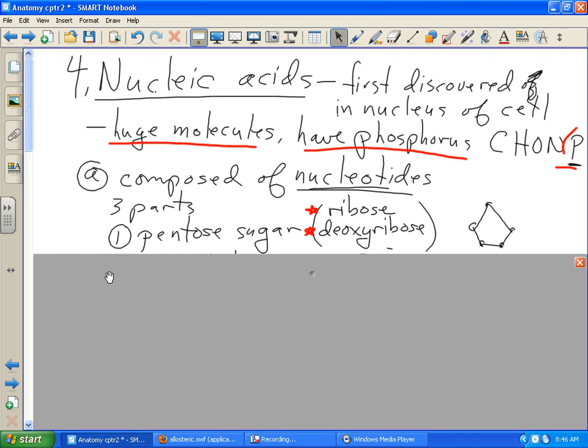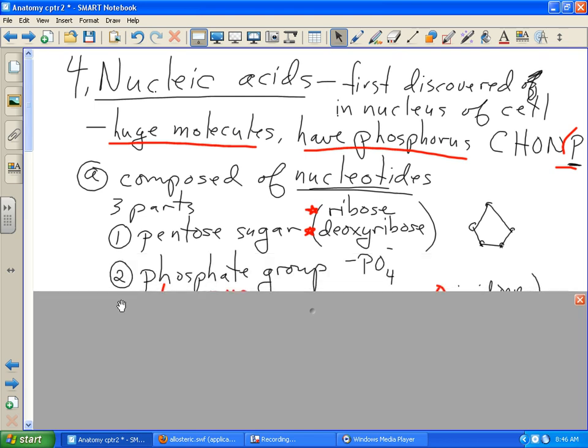All right, that should be a little faint light bulb, like a 4-watt light bulb going on. Okay, deoxyribose. Okay, so we're going to have a little sugar. We're going to combine that with a phosphate group, which is called PO4. For all of you chemistry people that learned your polyatomic ions last year.